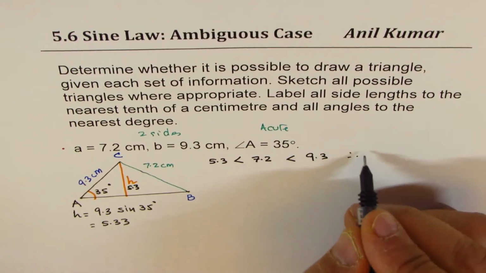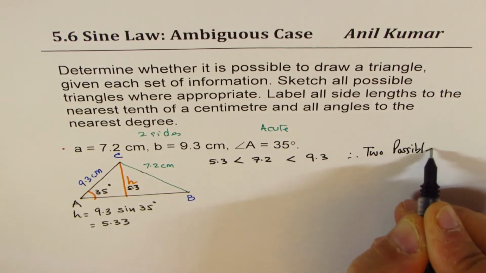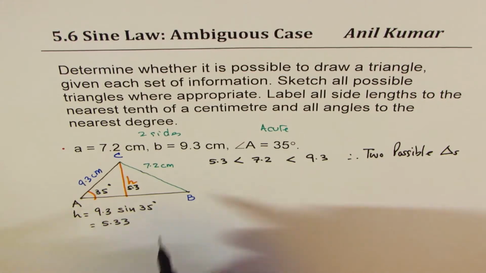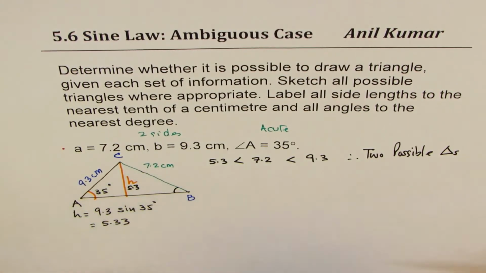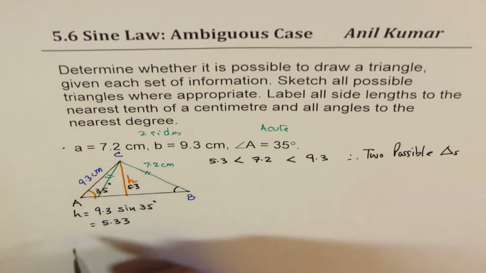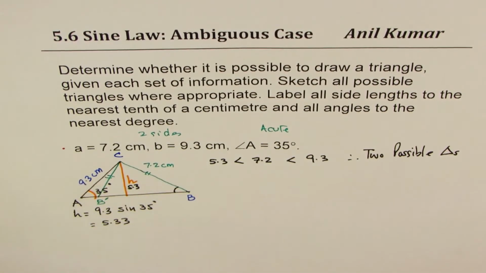And therefore we have two possible triangles, and that's what we mean, right? So we are going to solve this by first calculating angle B, and then we know clearly that we do have another triangle like this where these two sides will be equal, right? So that we'll call B dash. So these are the two solutions we have to work for, correct?